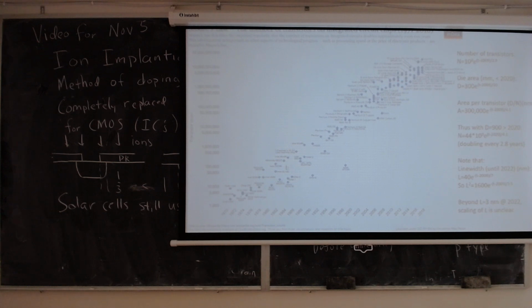The progression of the transistor count versus year. And as you can see, in agreement with Moore's prediction back in the 60s, it has been doubling every 2 years.